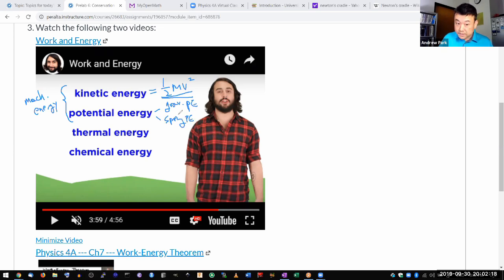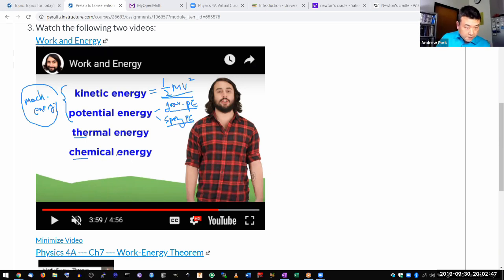The reason we come up with the expressions for potential energy that we do is because those expressions lead to the total mechanical energy being conserved in situations where there's no involvement of thermal or chemical energy. And later on in future classes, when we talk about thermal and chemical energy, that will still be with the goal of conserving this quantity that we call energy.